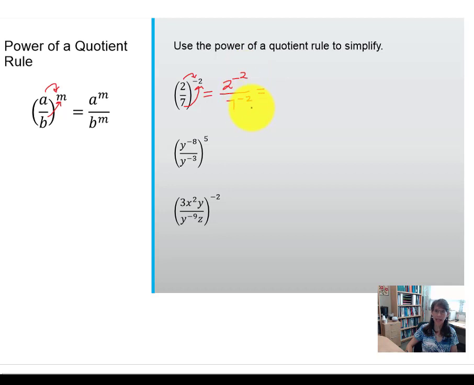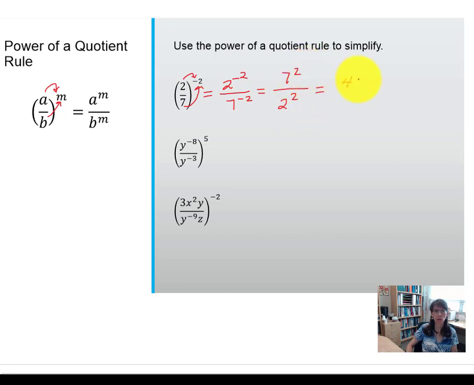Since these powers are negative, I need to rewrite: 2 to the minus 2 is shifting to the denominator, 7 to the minus 2 is shifting up to the numerator. So their exponents now have become positive, and we can simplify this.